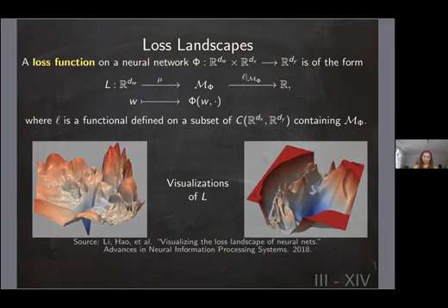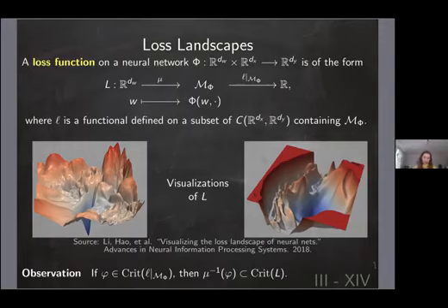So a very first observation is the following: whenever I have a critical point on my neuromanifold, so for some weight vector, this is actually a fixed neural network. There's actually a function here in this neuromanifold.